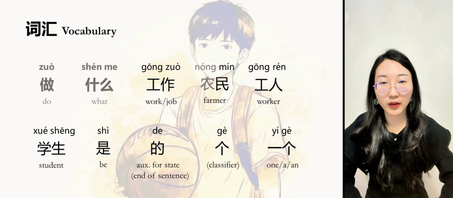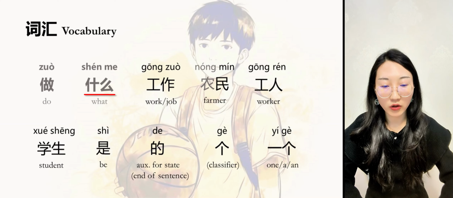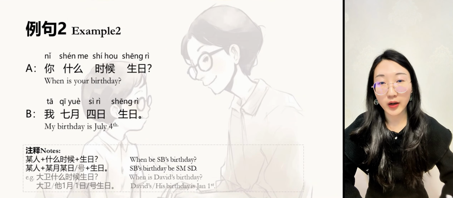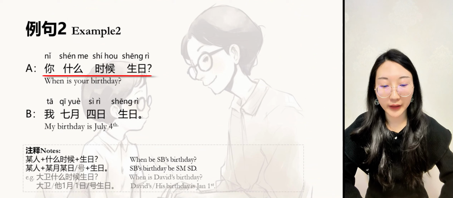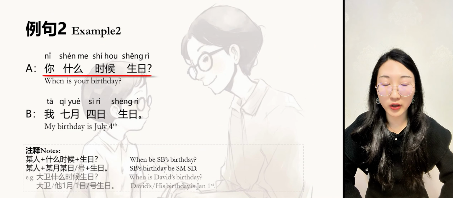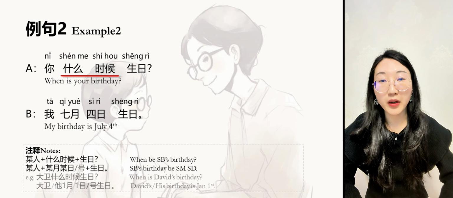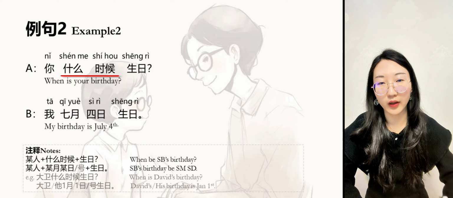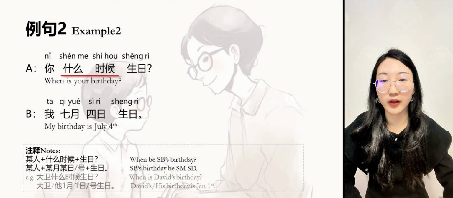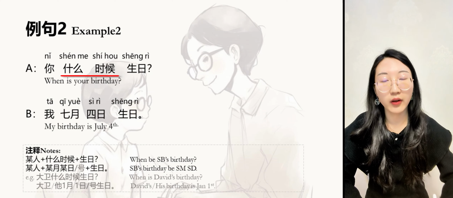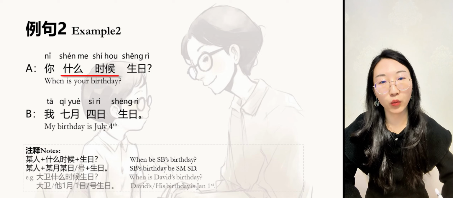The first one is 什么. In the last class, we learned 你什么时候生日, when is your birthday? And 什么时候 is when, or we can say what time. And in that sentence, 什么时候 refers to when. 什么 is what.